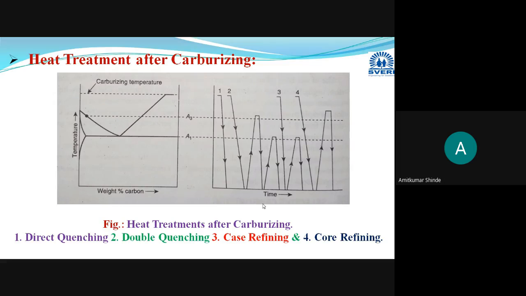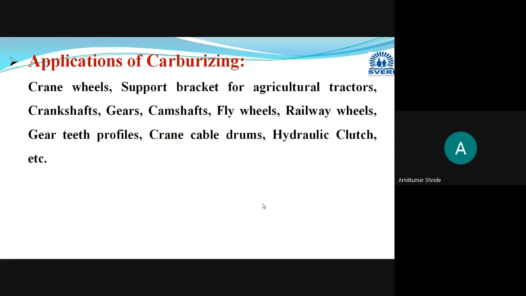Some components on which we can perform carburizing, or applications of carburizing, are like this. You can go for crane wheels, support brackets which are used for agricultural tractors, then crankshafts, camshafts, gears, flywheels, railway wheels, gear tip profiles, then crane cable drums, hydraulic clutches.